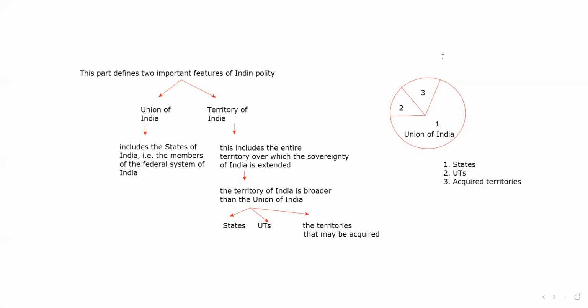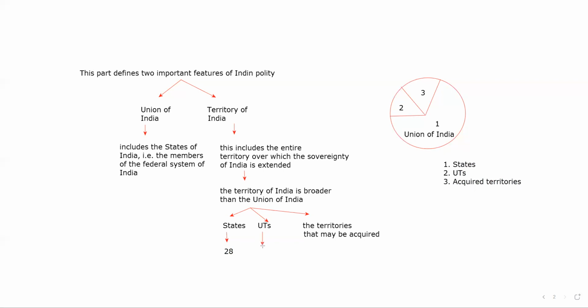Now the next point: at present, how many states does India have? Twenty-eight. Yes, at present India has 28 states. And how many union territories?